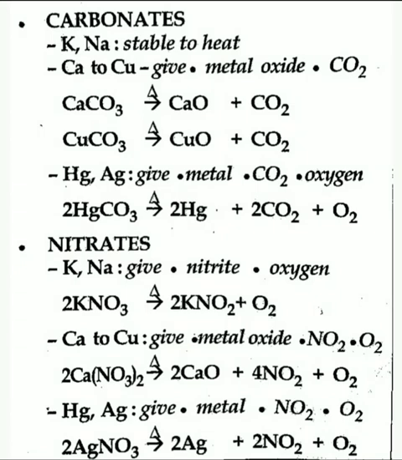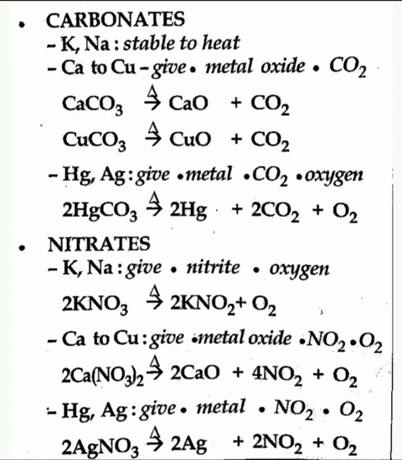The first one is calcium carbonate. When it is decomposed, it produces metallic oxide, that is calcium oxide, plus carbon dioxide. And when copper carbonate is decomposed, it produces copper oxide plus carbon dioxide. Mercury, silver, gold and platinum produce what? Metal plus carbon dioxide plus oxygen.